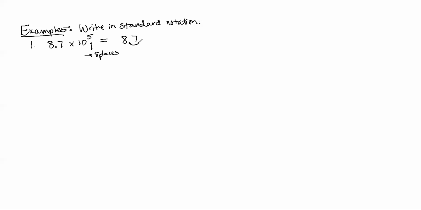So we're moving 5 places. So this is 1, 2, 3, 4, 5. And so we're going to fill in any of these empty spaces with zeros. And our decimal's all the way at the end, so we don't need to write it. So we have 8, 7, 0, 0, 0, 0. I'll just throw in a comma there, and we have 870,000.